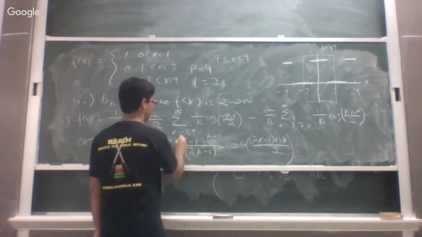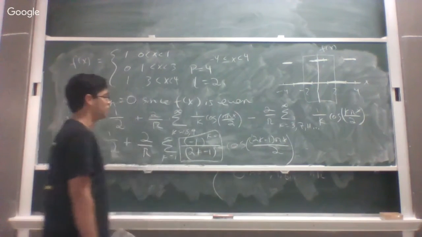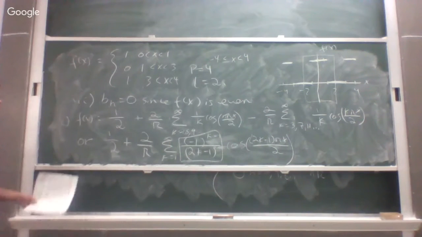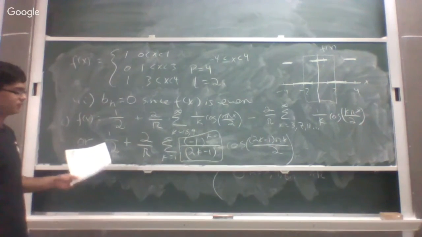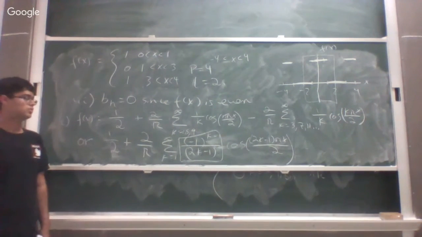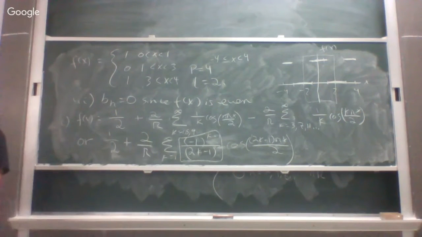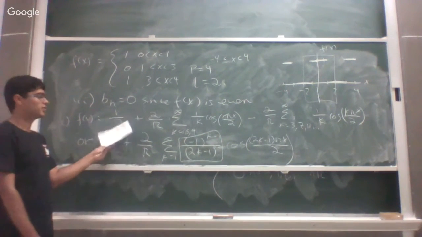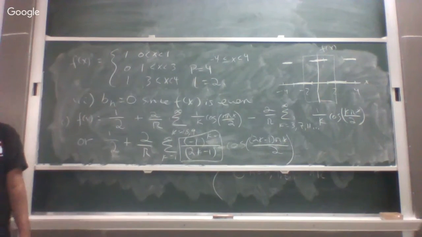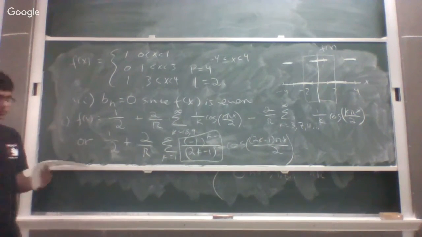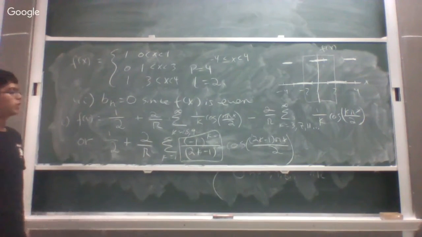So this part here alternates it, avoiding evens and stuff. Any questions on this? I would just stick with this answer. I wouldn't try to make these substitutions with 2k minus 1 because they accept both, right? So any questions on this problem?